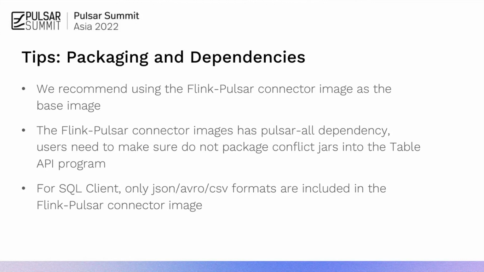And if you want to run a Table API program where you still need a jar, you must make sure that you will not package any conflicting jars into your applications. For SQL clients, there are only JSON, Avro, and CSV formats included in the image itself. And if you want to add any other Flink formats, you need to build a new image.